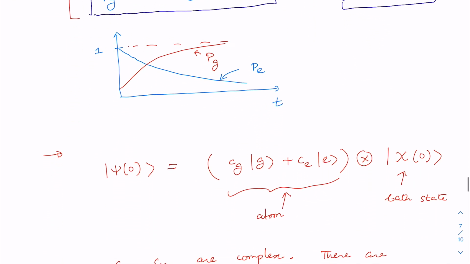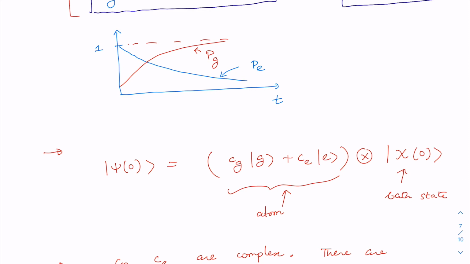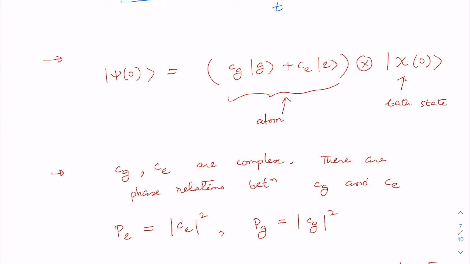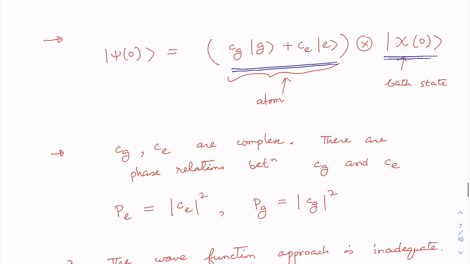But now the issue is, what if rather than starting in the excited state, the atom is initially in a superposition of the ground state and the excited state, while the bath is in the vacuum state? Then this approach fails, because there is a phase relationship between the complex amplitudes Cg and Ce, which cannot be taken into account by the wave function approach.